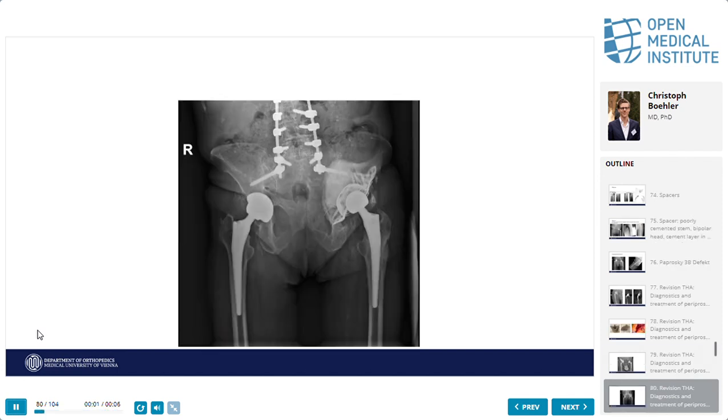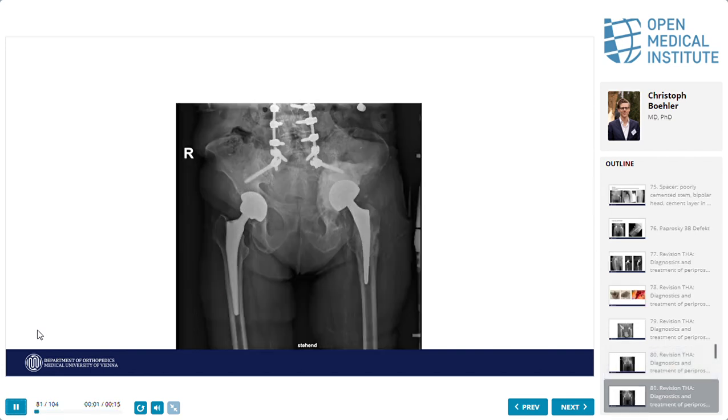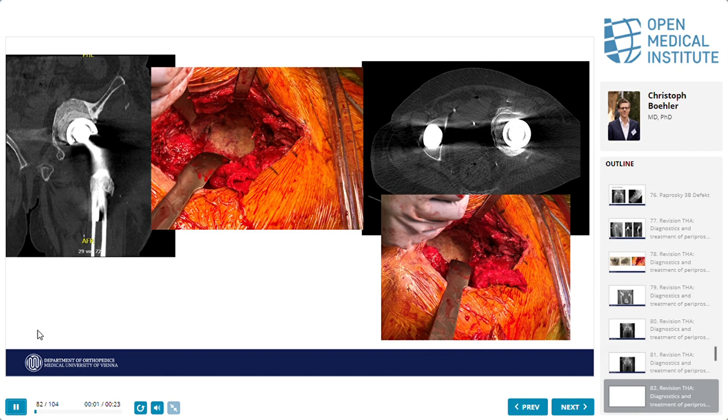Another case with a huge defect, also infected. What we did here, I'll show you on the CT scan. So we tried to do an impaction grafting. We kept her in the spacer interval for 4 months so that this had a chance to osteointegrate. Here in the CT scan, you can see it.